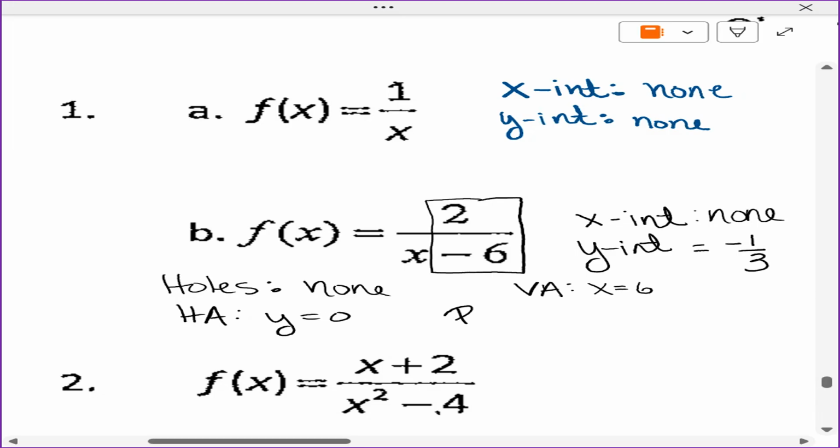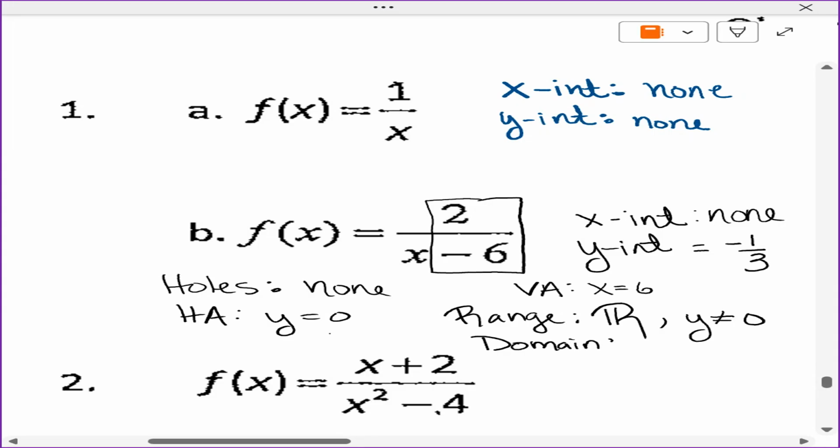Okay. What about our range? Well, we know our range is all real numbers except what? What can't y equal? Y can't equal our horizontal asymptote, which is 0. But what about our domain?